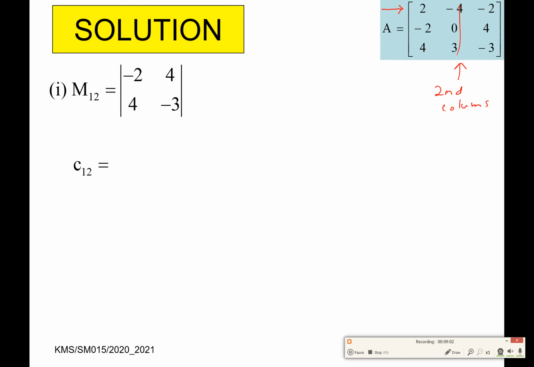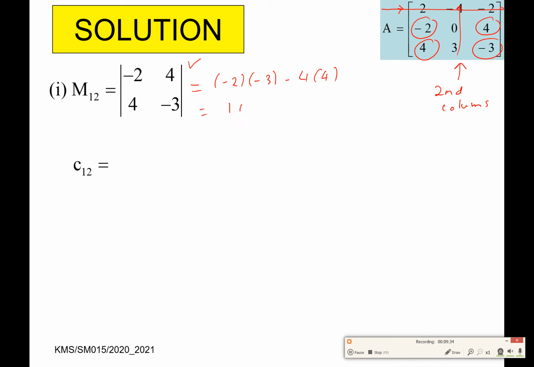So you get negative 2, 4, 4, negative 3. You write it down like this. Then after that, you calculate negative 2 times negative 3 minus 4 times 4.